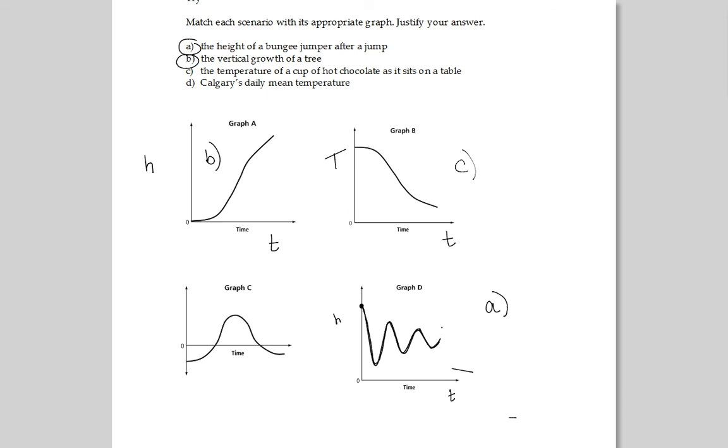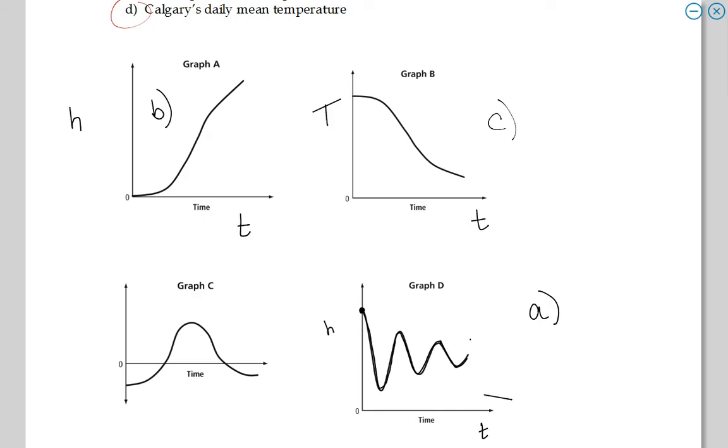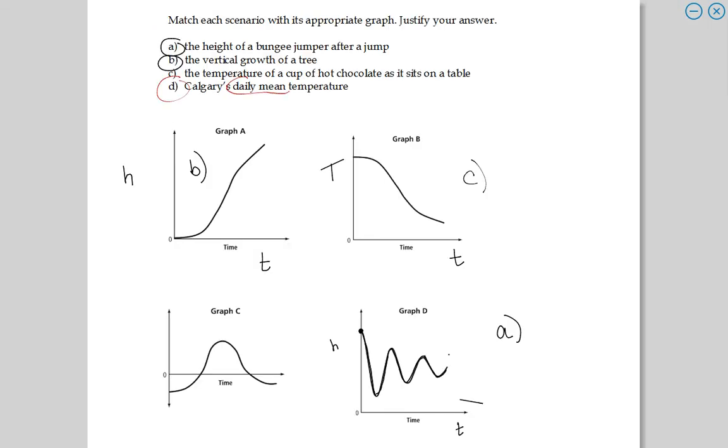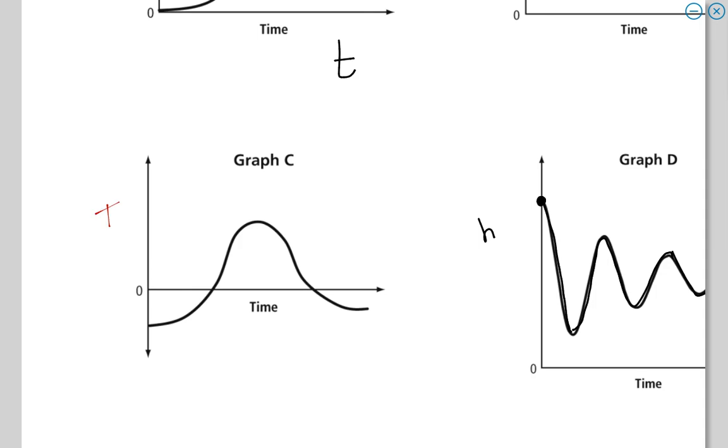Now, can I just get you guys to stop talking for a sec? Thanks. Now, for Calgary's temperature, for the daily average, that's what that says, daily average. So this is temperature versus time. In the morning, maybe this is 12 a.m., this is midnight. You're thinking Calgary, so you're thinking, okay, it's just like Edmonton. It's kind of cold if it's winter, especially.